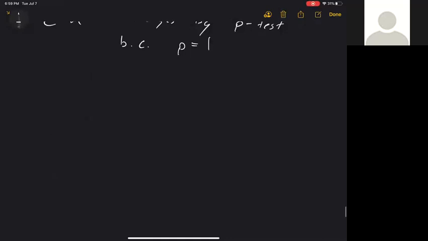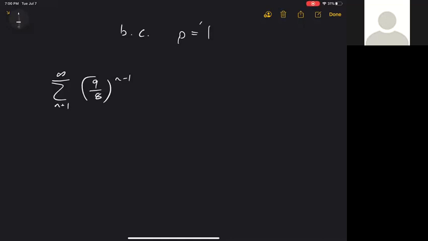Another example. Let's do a couple examples. Okay, so let's say I had 9 over 8 to the power n minus 1. So this looks like a geometric series, right? You could use the geometric series test and say, okay, r is greater than 1, so it's divergent by geometric series test.